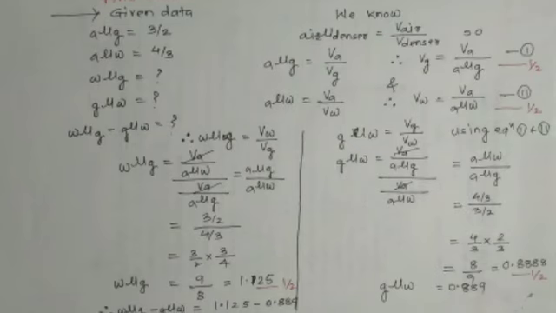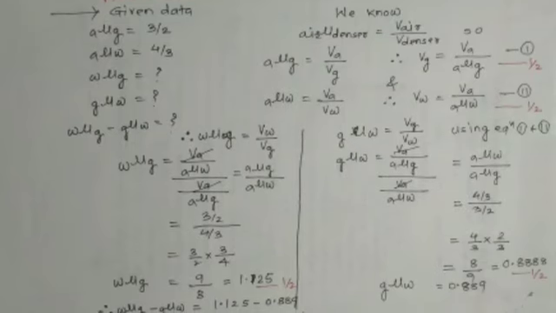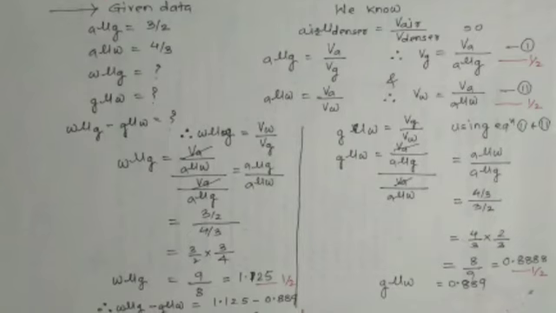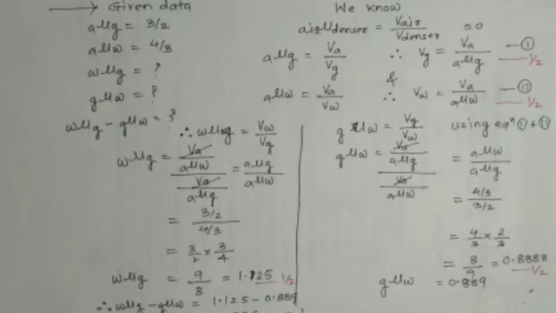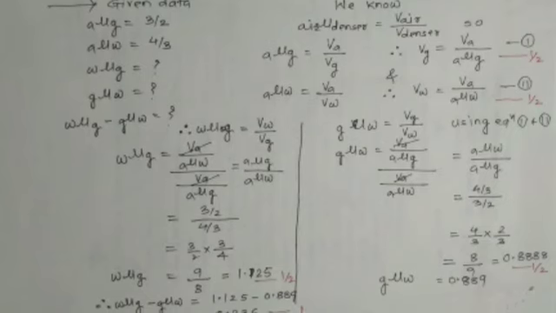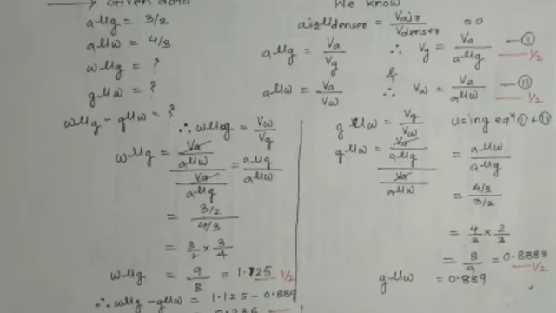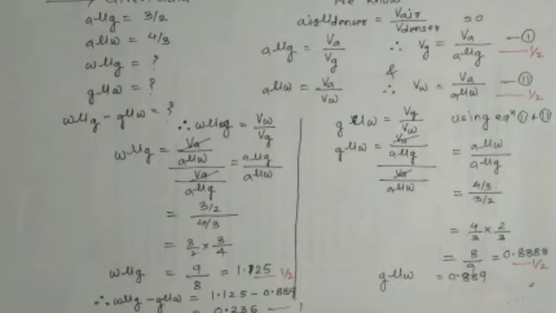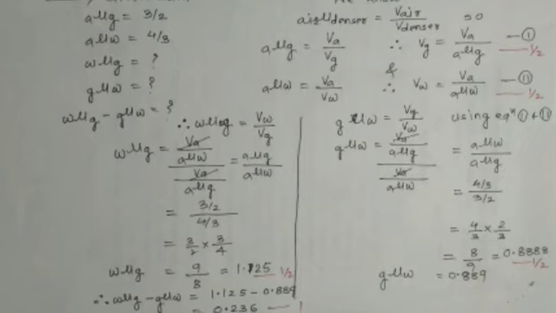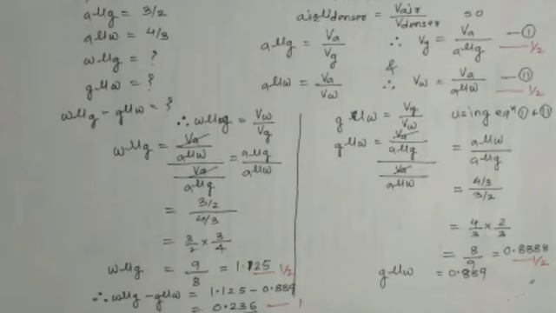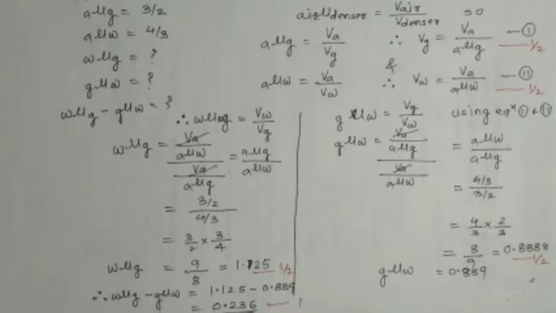So, velocity of light in water equals VA upon mu for water with respect to air. Therefore, we can find mu for glass with respect to water is equal to V water upon V glass. If we substitute, mu for glass with respect to water is 9 upon 8, which becomes 1.125.